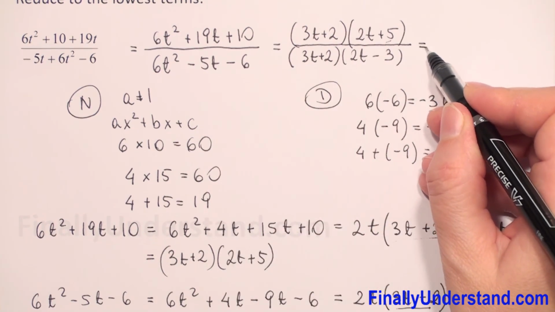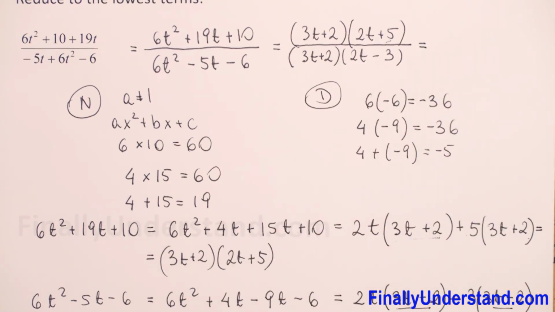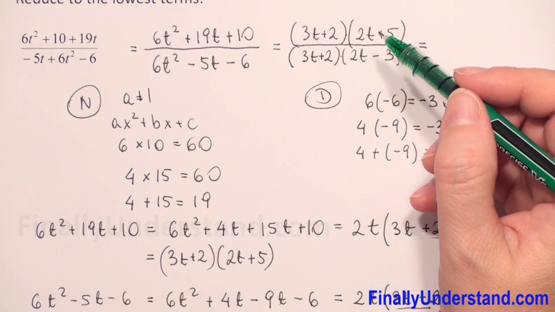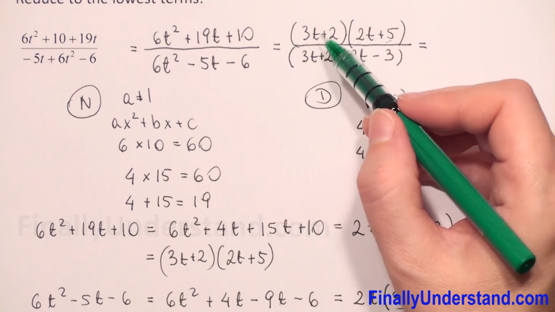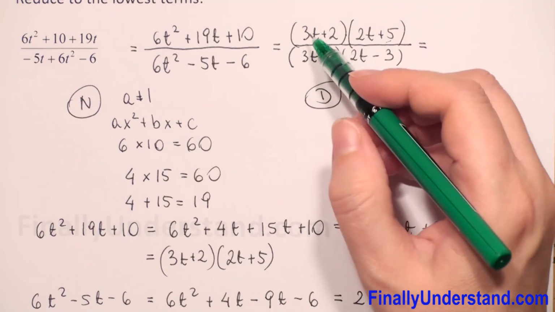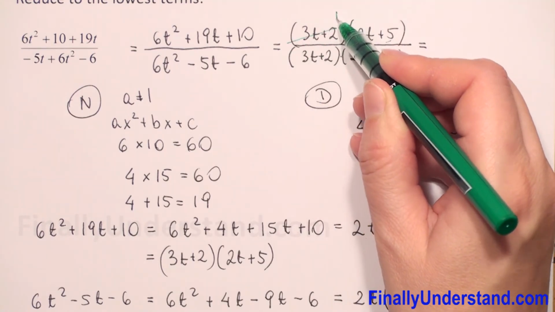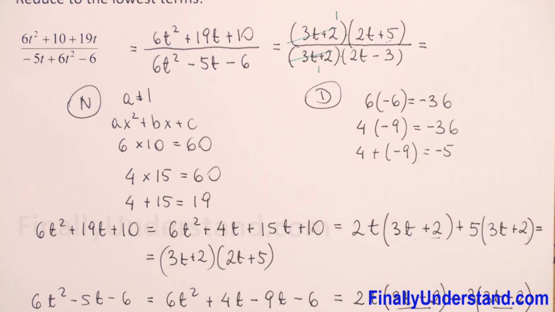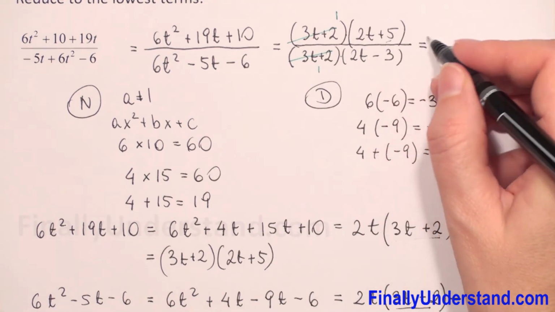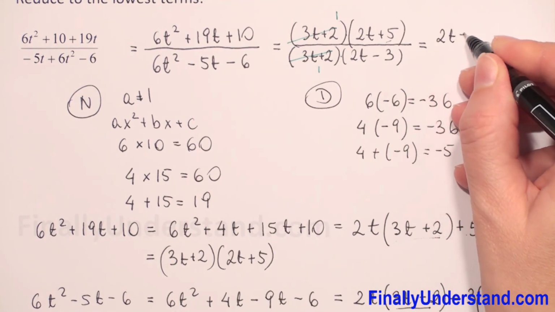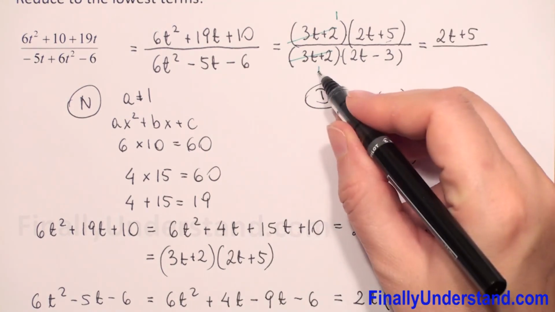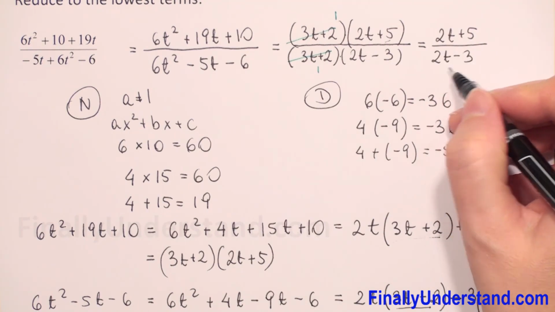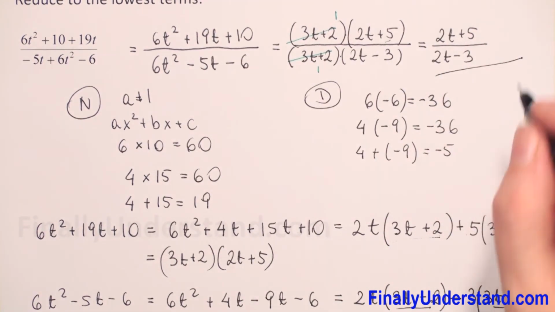So now we have multiplication between these two parentheses, so we can reduce. We have 3t plus 2 and 3t plus 2, so this is 1 and 1. Now 1 times 2t plus 5 is 2t plus 5, and 1 times 2t minus 3 is 2t minus 3. This is my solution.